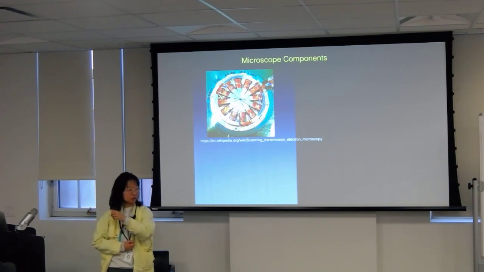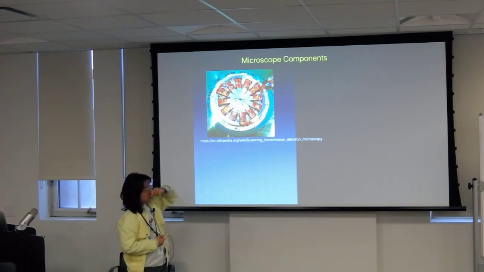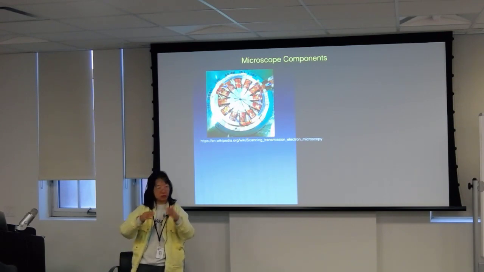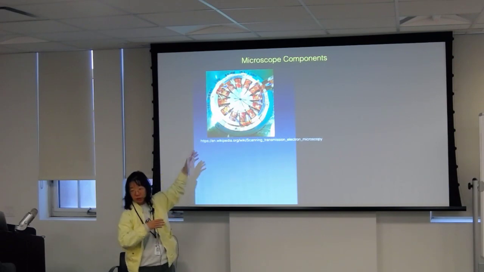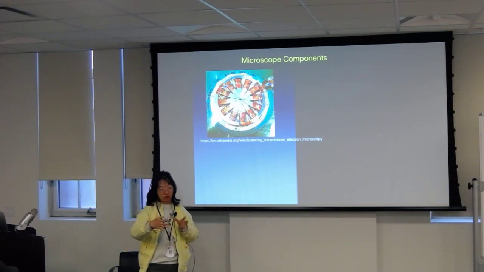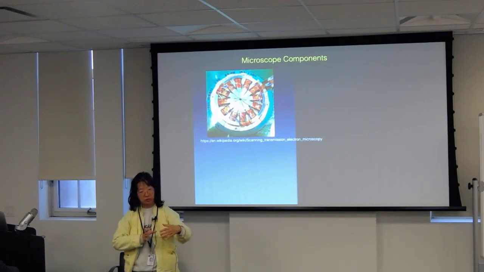hexapole arrangement. So normally our lens and the stigmator part on the Krios and the Titan is a hexapole. Okay, so if you look at that, there will be half of this number, and each one will be bigger. That allows you to do the two-fold stigmation and also three-fold stigmation correction.